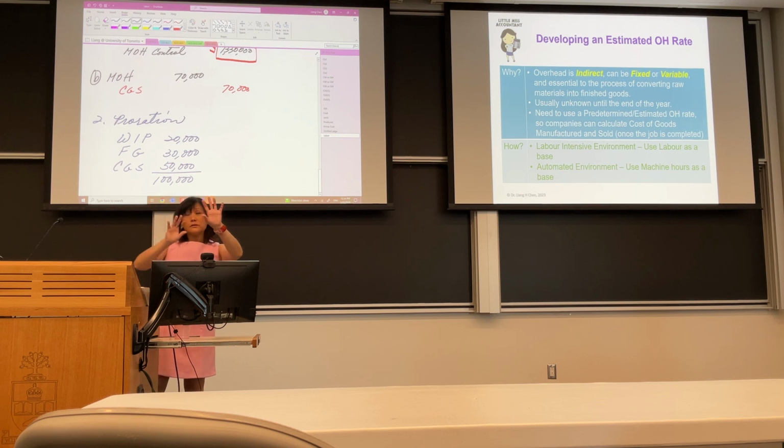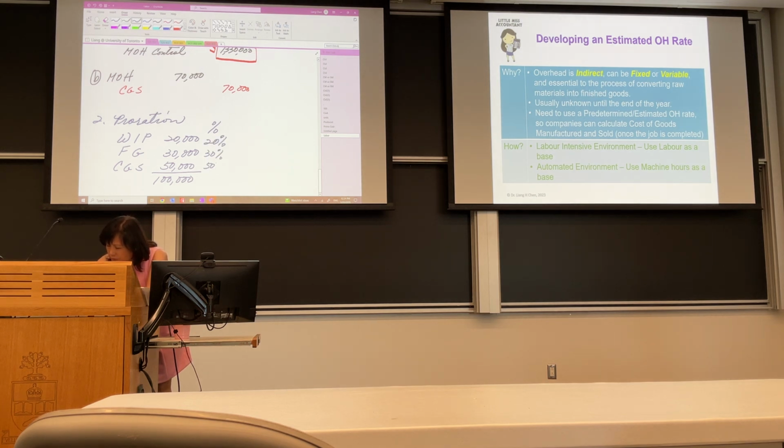I have 3 accounts, all have a little portion of overhead in there, but I don't know how much. I just generally take the balance. So you take each account divided by the total. So this represents 20%, 30%, 50%. This is 100%. The difference is 70,000 times each percentage. Okay?